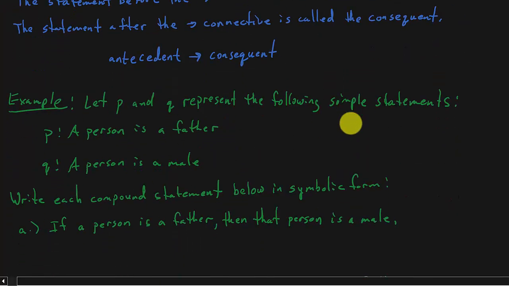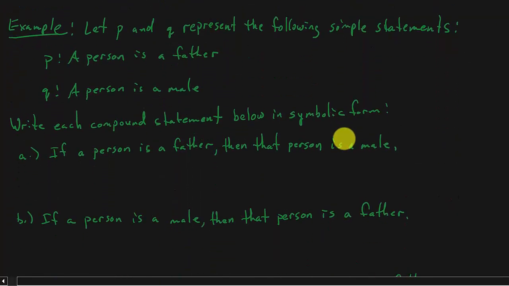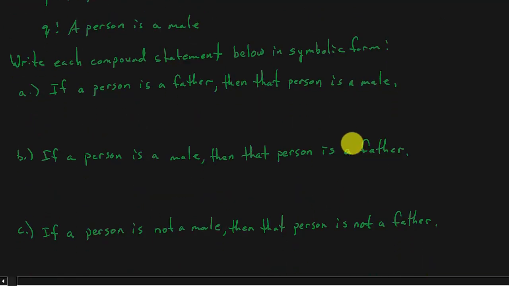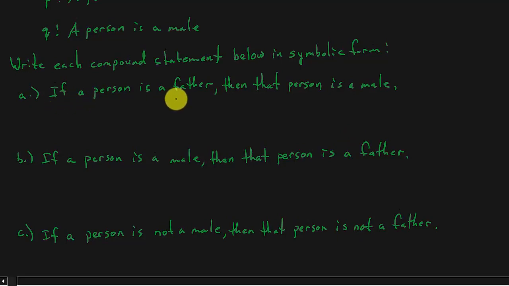All right, so let's look at an example. Let P and Q represent the following simple statements. Statement P, a person is a father. Statement Q, a person is a male. Write each compound statement below in symbolic form. If a person is a father, then that person is a male.